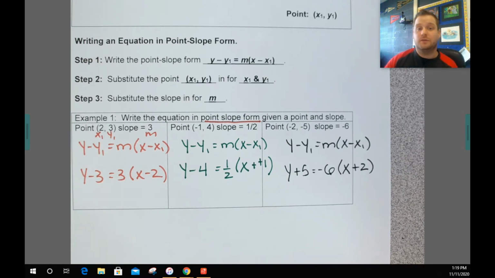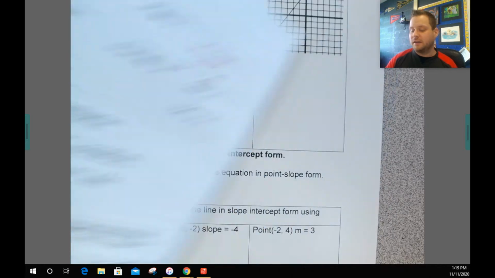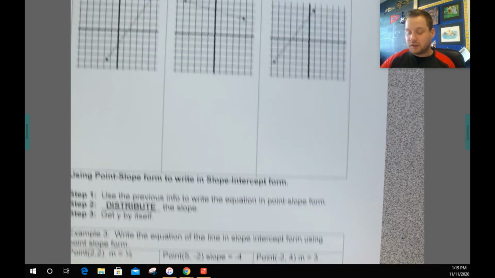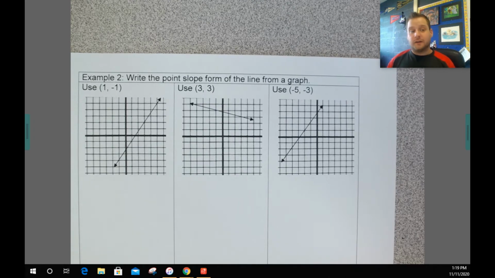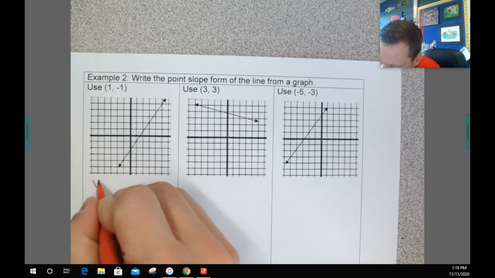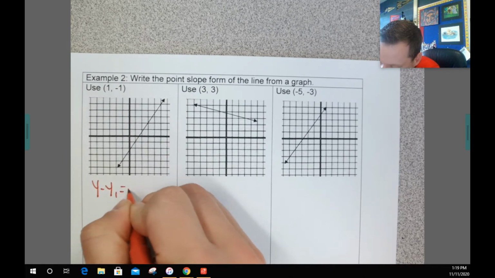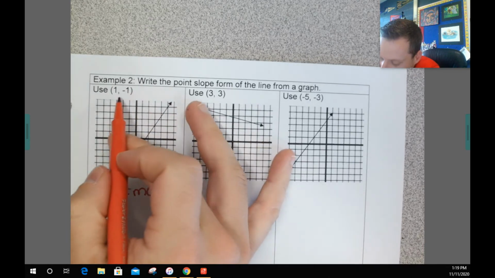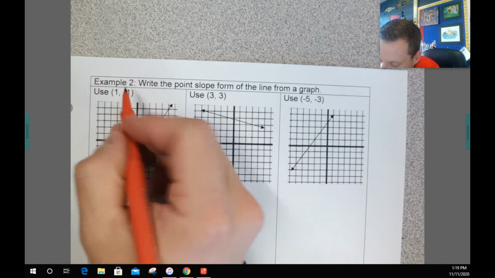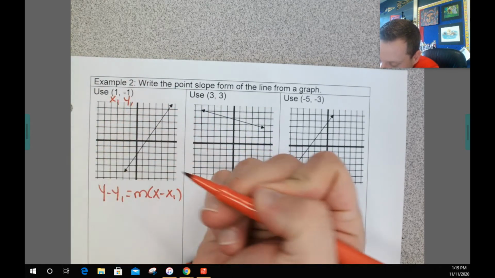We're just substituting it. Things get a little interesting when they give us a graph and when they ask us to simplify them. So for here, they want the point-slope form for each of these. And they tell us which point they want us to use. Okay, so here they want us to use 1, negative 1. So that's my x1, y1.